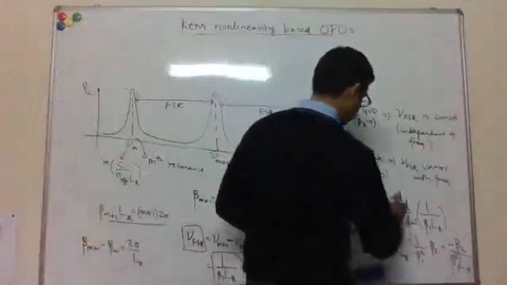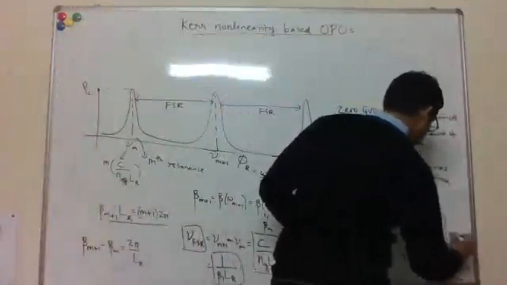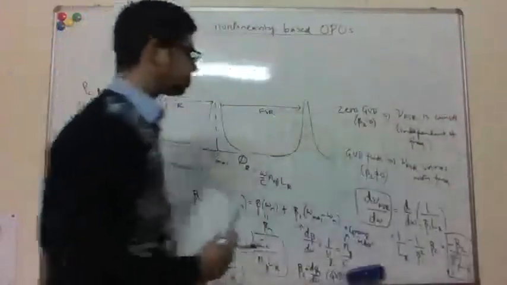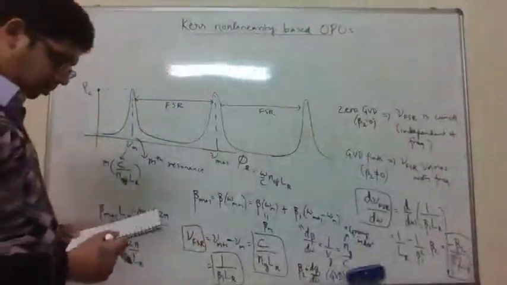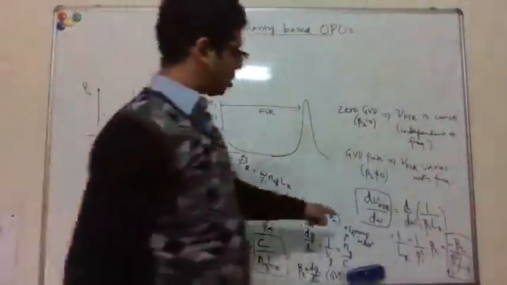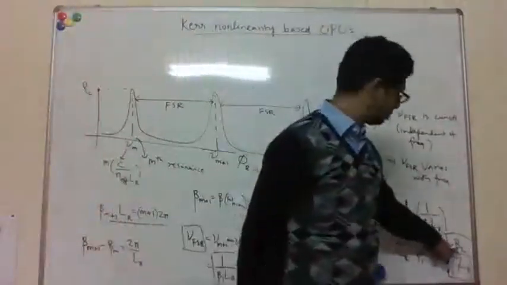So you can see how the FSR changes with frequency depends on beta 2.